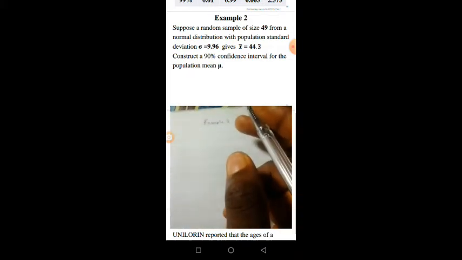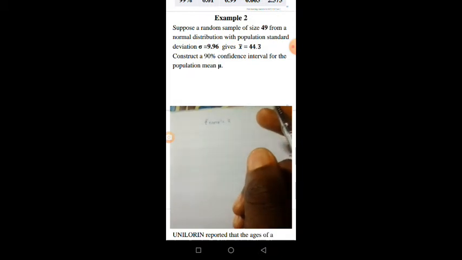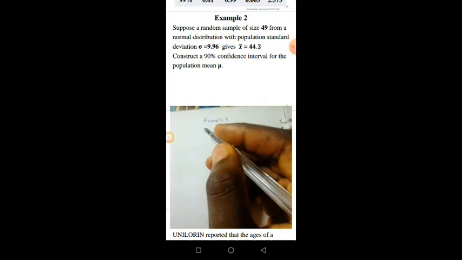Suppose a random sample of size 49, from a normal distribution with population standard deviation 9.96, gives x bar, our sample mean, equal to 44.3.